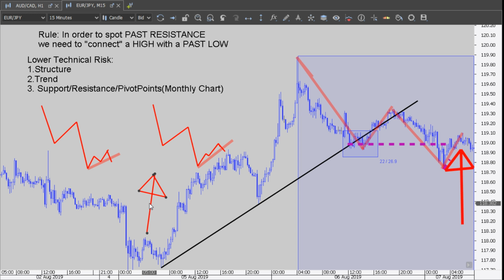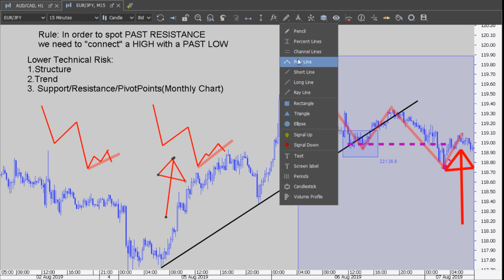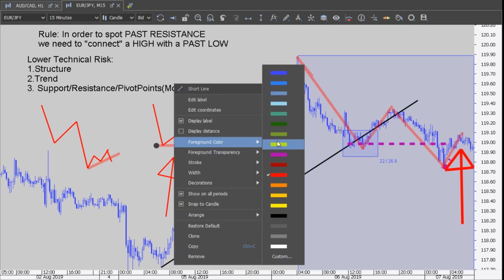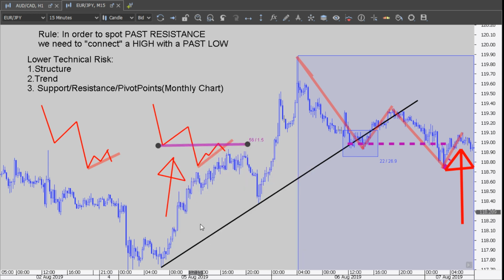Okay, correct, the right. Yes sir, the right. Why is that? You don't have the crystal ball, but on the right example the reversal is happening at past resistance.